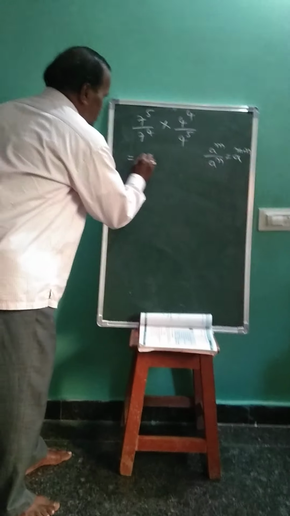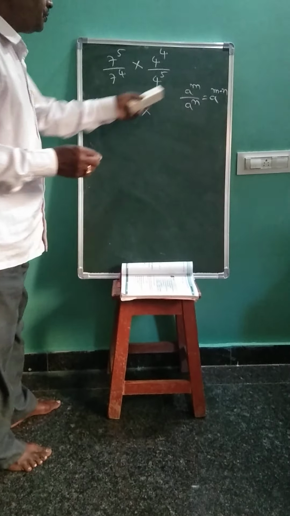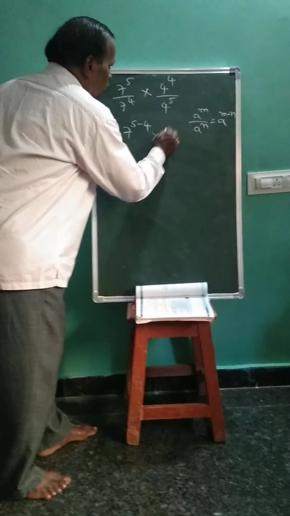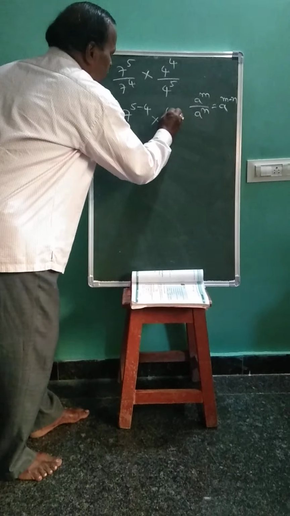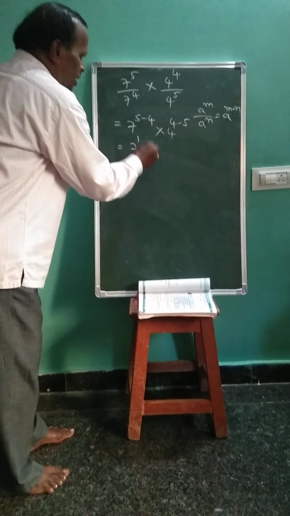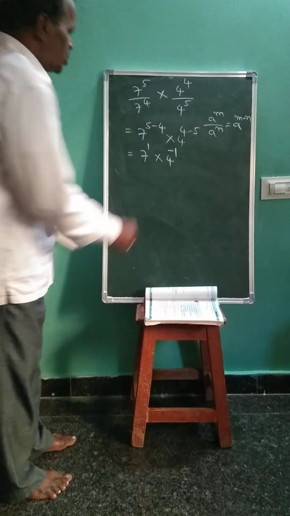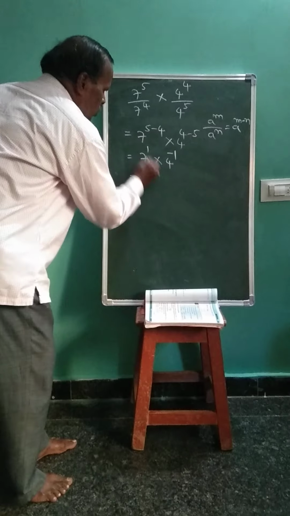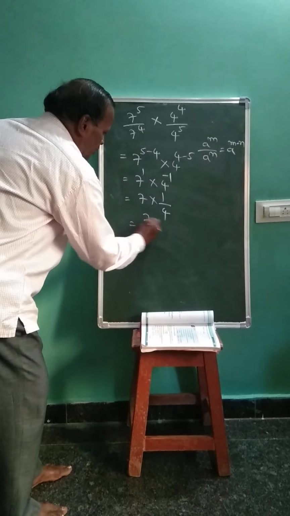So here 7 power 5 minus 4, into 4 power 4 by 4 power 5, so 4 power 4 minus 5. So 7 power 1, and here 4 power minus 1 because of the negative. So 7 into only one time, 1 by 4 again. So the answer is 7 by 4.